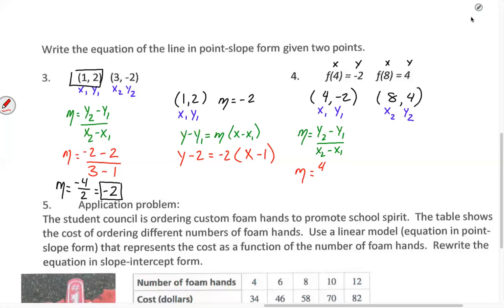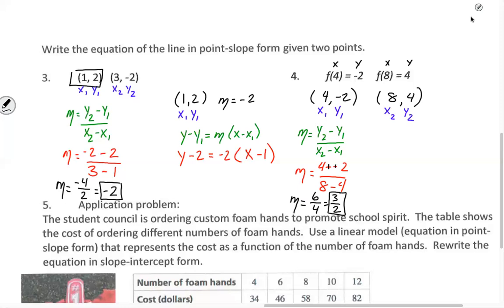We're going to do 4 minus negative 2 over 8 minus 4. Then I'm going to solve and simplify. Two negatives make a positive here, so it's going to be 6 over 4, which is 3 over 2. So I have my slope.